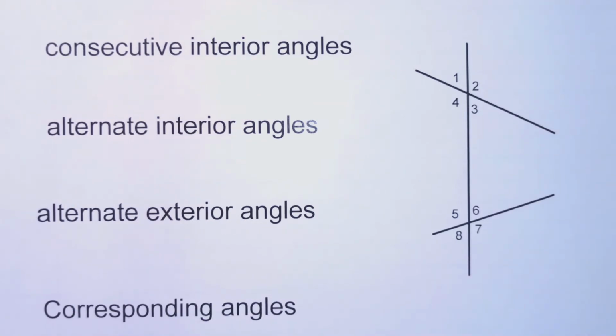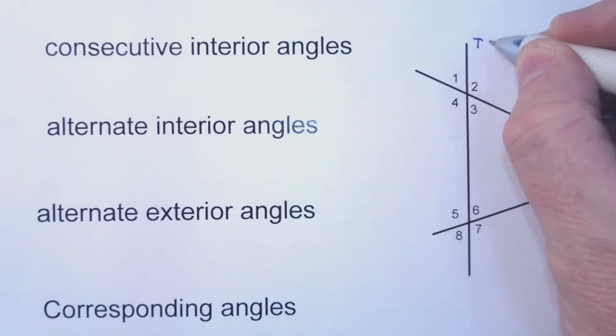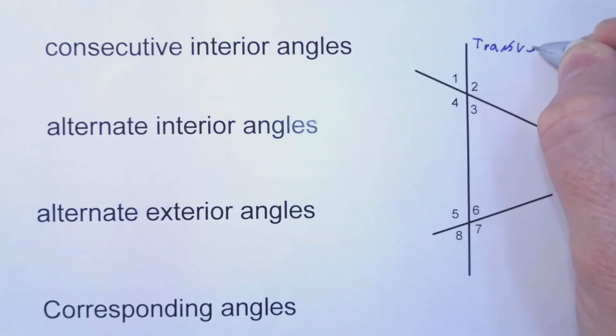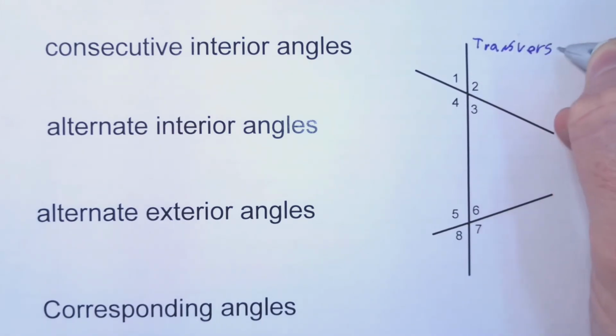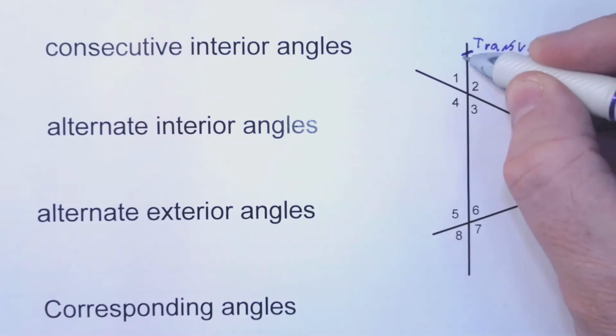I'm going to define them a little bit, but mainly we're just going to try to use this to define them. This little transversal situation, and I'm going to write transversal so we know about all the transversals. And I think transversal should be in purple. So in this case, this is going to be used as the transversal.